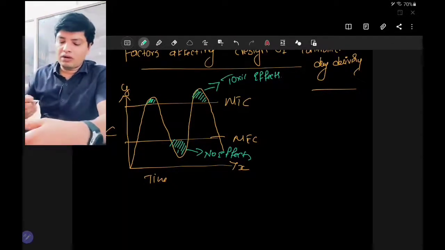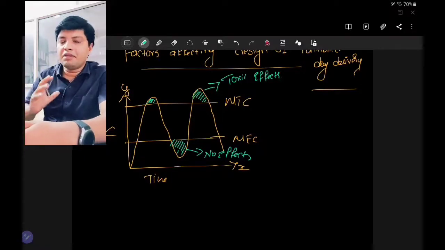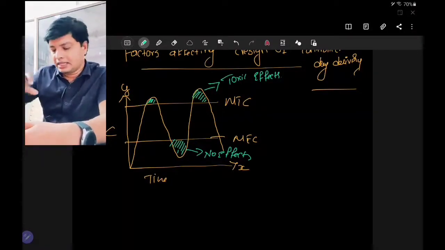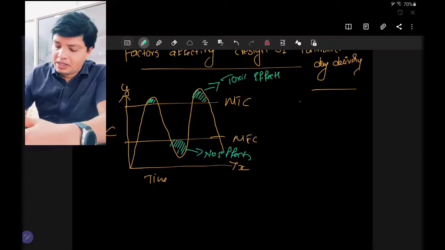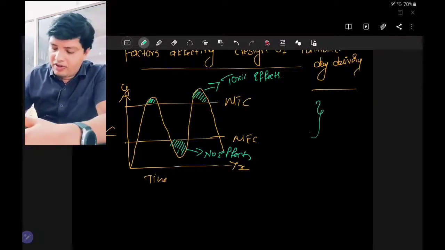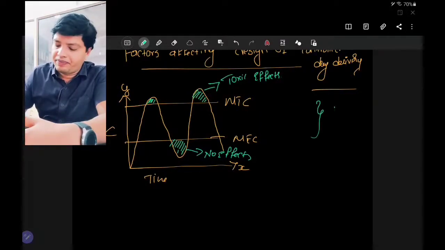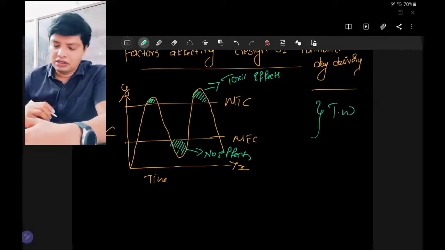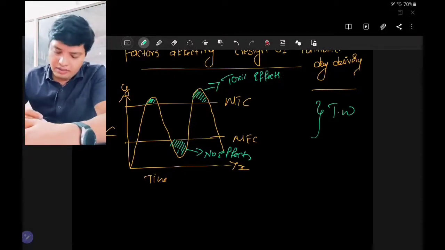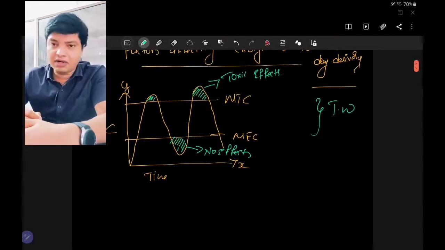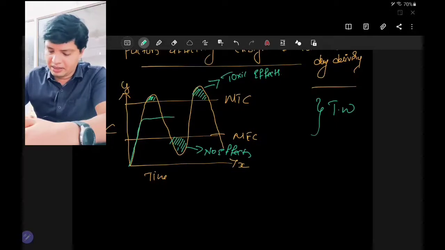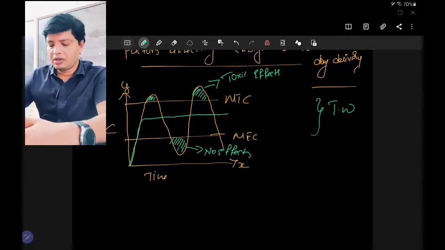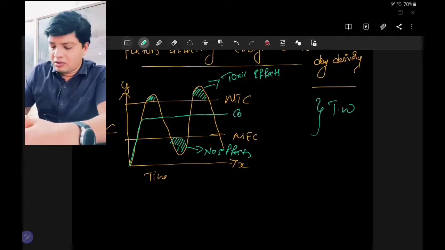So to avoid this, what we want to do is keep the plasma drug concentration in this therapeutic window. Okay, this window we call the therapeutic window. I need to keep it there. So we have controlled drug delivery, where the rate of release of drug is zero order. Its plasma drug concentration profile will be like this.